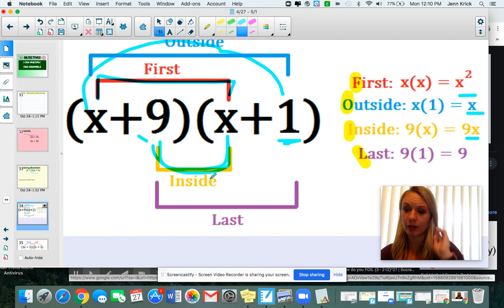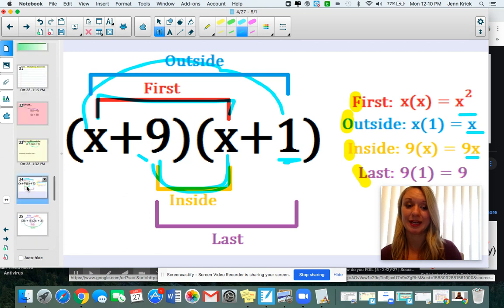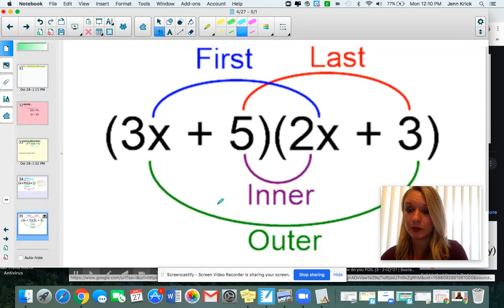But what I want you to know right now is that today we're working with multiplying two binomials, two quantities with two terms. We're going to be using FOIL as an acronym, like a step-by-step process to do so. And we're going to work with combining like terms. Here's just another way, just to show you, if you want to take a quick picture of it, you can. Just showing you again, you multiply your first terms, outer terms, inner terms, and last terms.